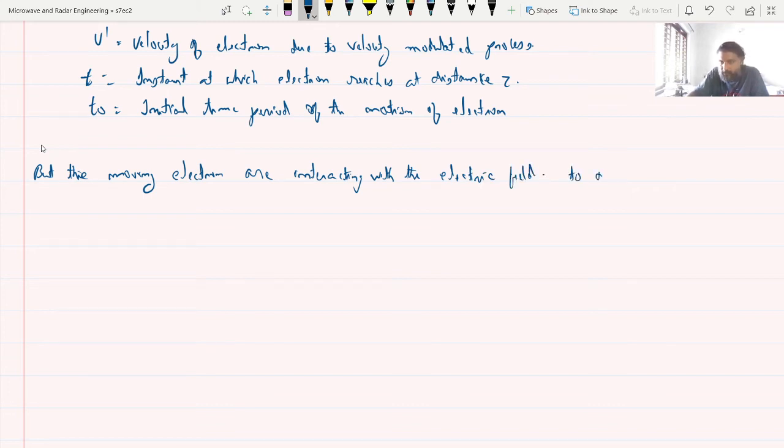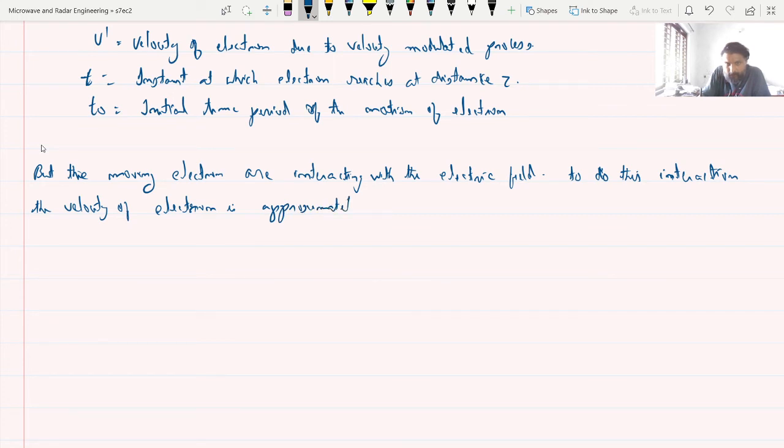So to do this interaction, the velocity of the electron is approximately made equal to the DC velocity of electron.